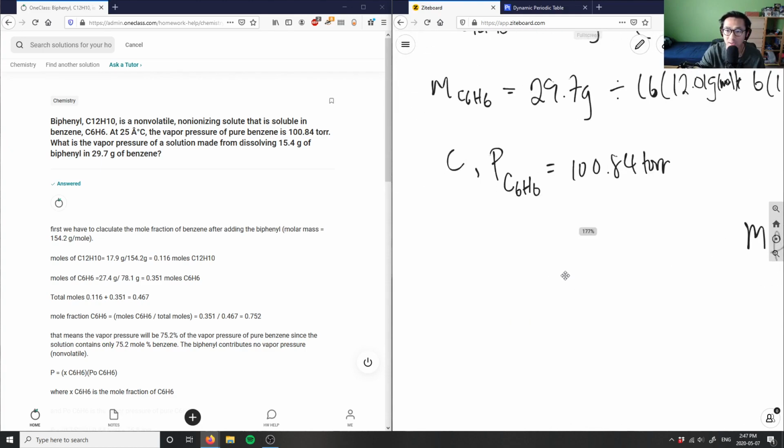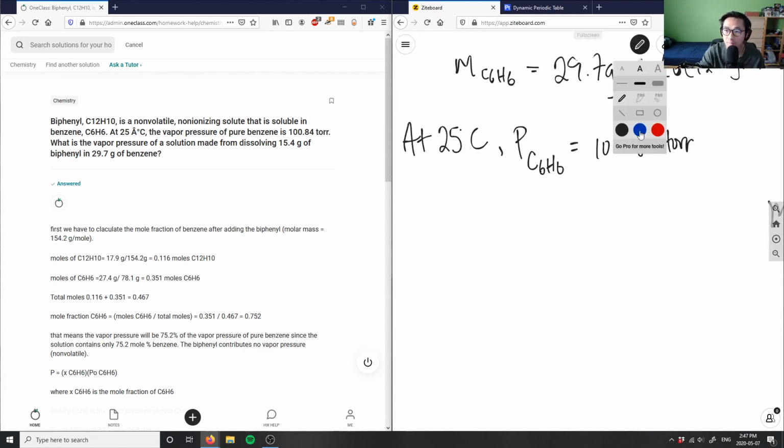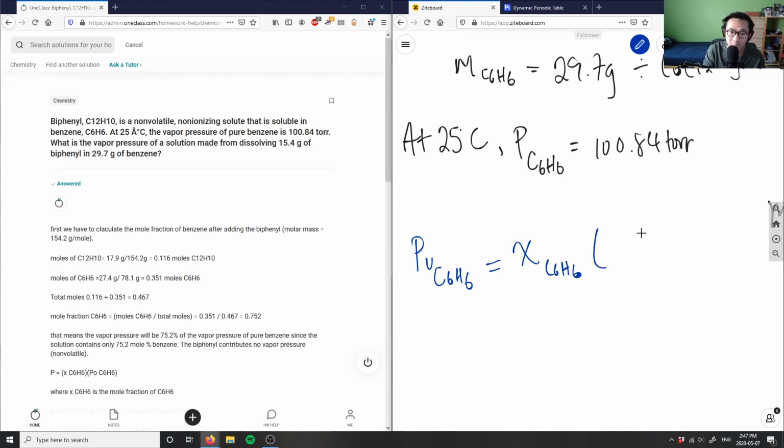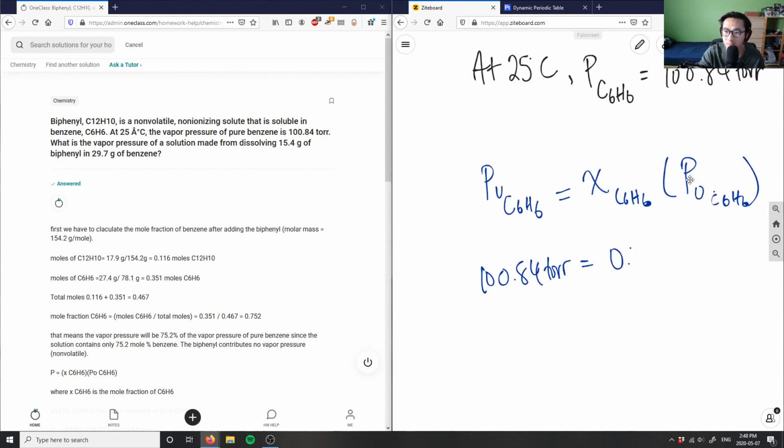So my vapor pressure, PV of C6H6, is going to equal the mole fraction, X of C6H6, times our pressure of C6H6. So this here would equal 100.84 torr, our mole fraction here is 0.7920, times our partial pressure of C6H6.